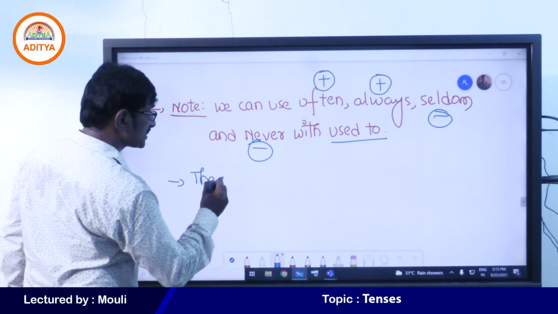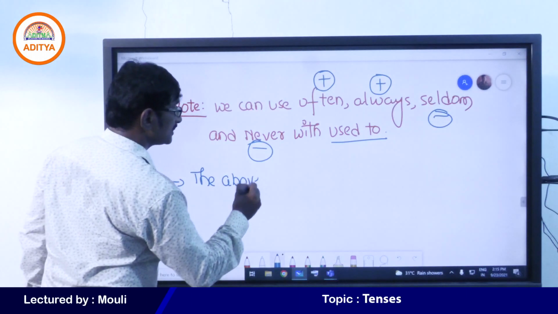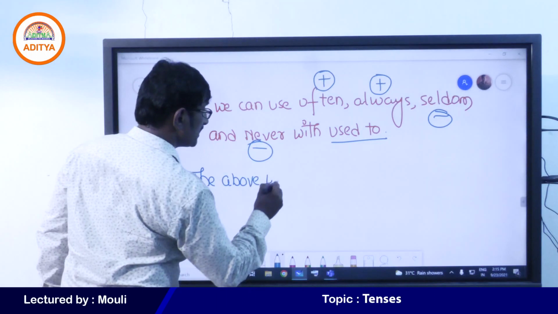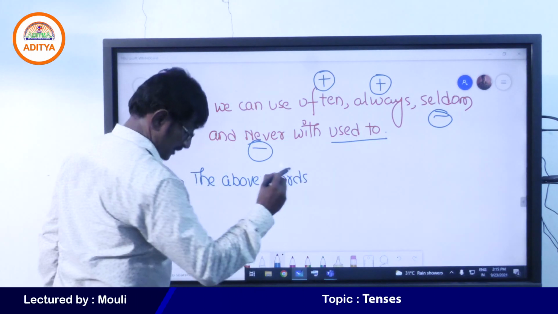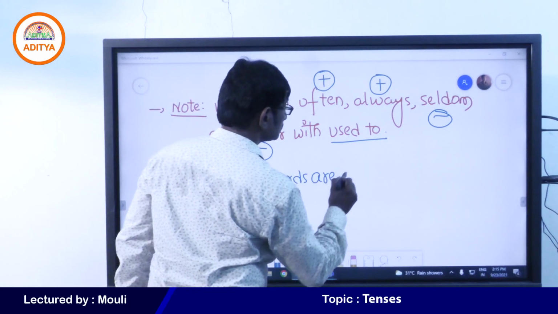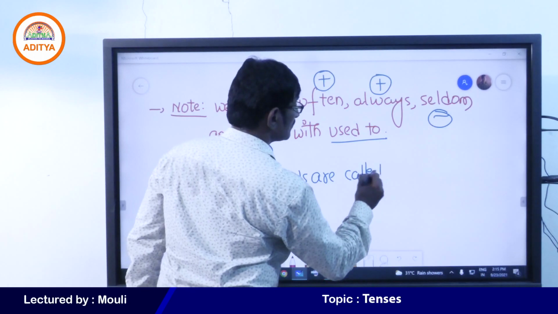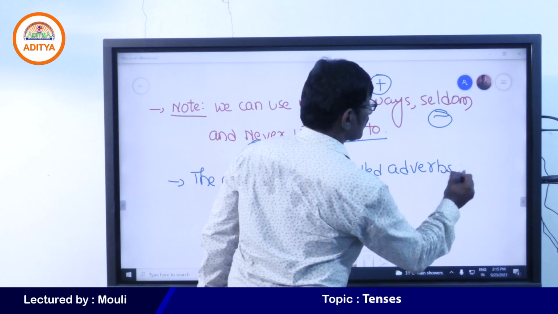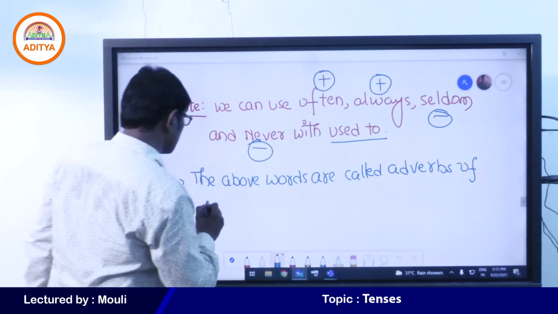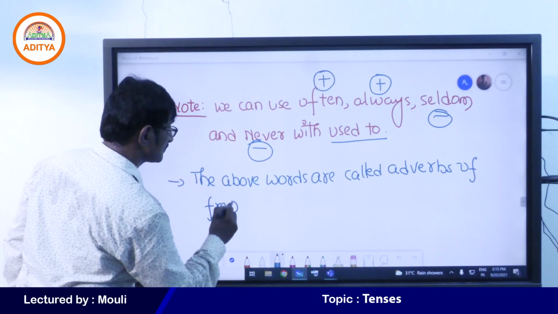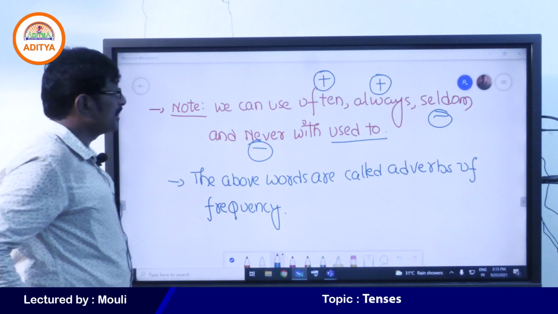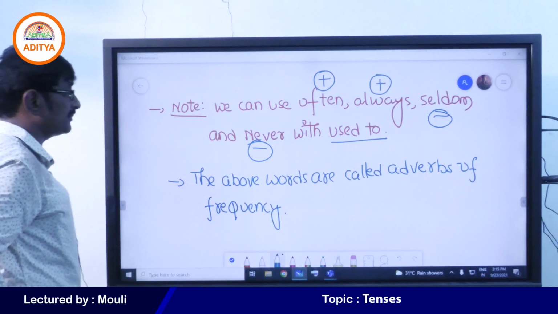The above words are called adverbs of frequency.